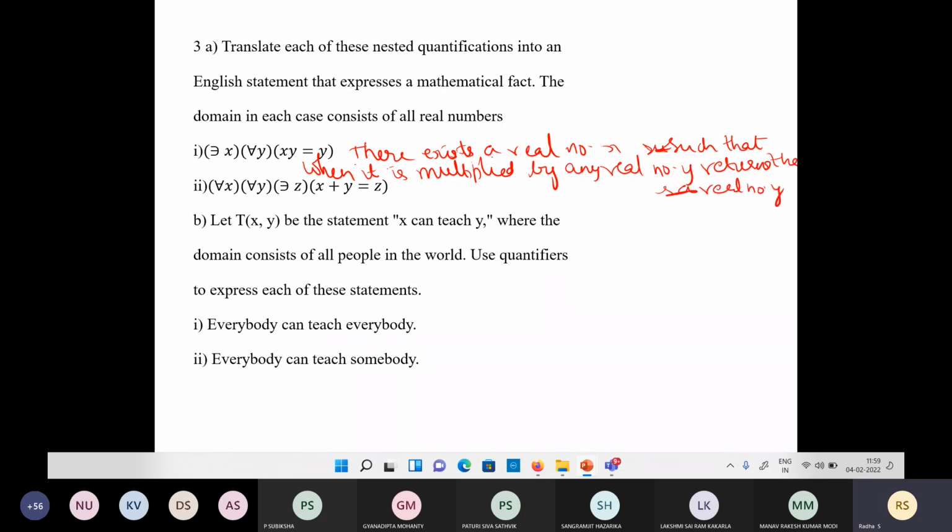If you want to be more specific, say y itself, so that there won't be any mistake while you're saying. Okay, this is correct.